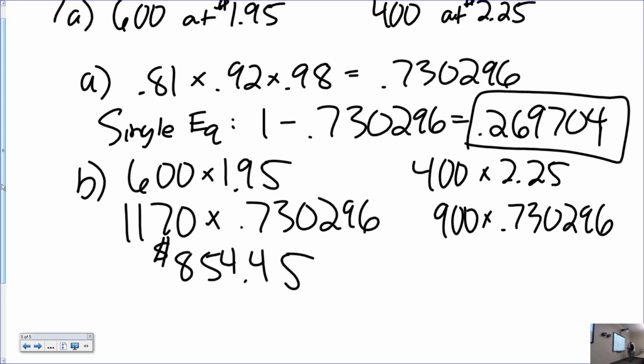Times the 0.2 set. 657.27. And all that is figuring out the list price, 900 to 1170, and then multiplying by the net price equivalent, right?